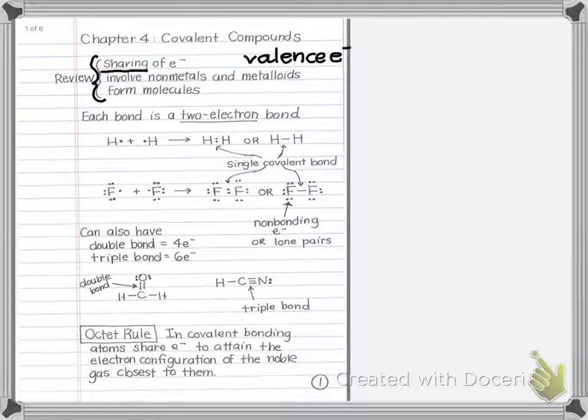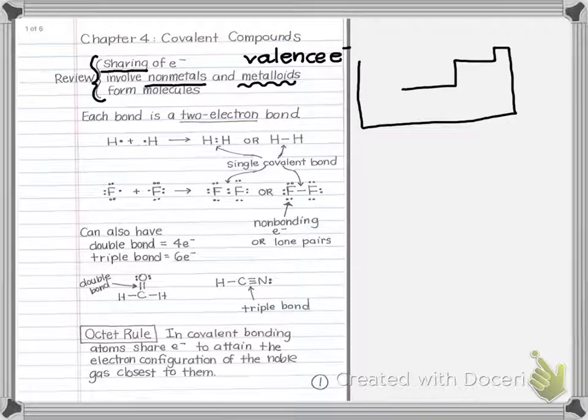Another thing that we notice about covalent compounds is it occurs between two nonmetals. Also, if it's a nonmetal and a metalloid, they would tend to make covalent compounds. So if I was drawing just a simple sketch of the periodic table, remember there's a stair-step line somewhere here.